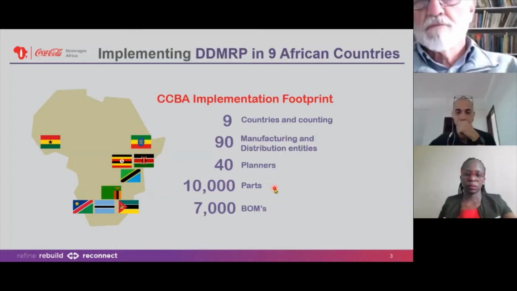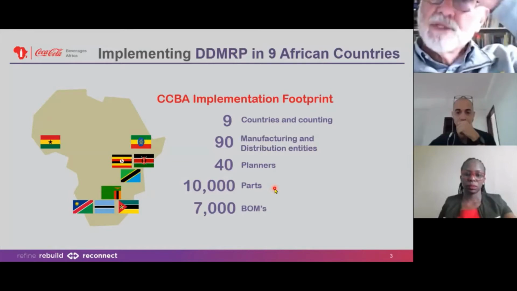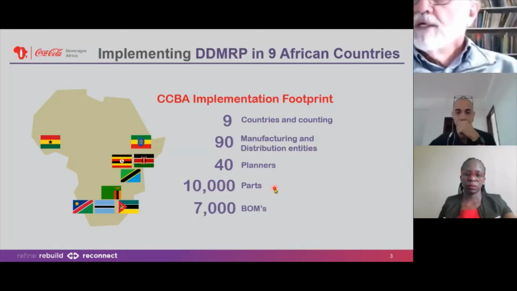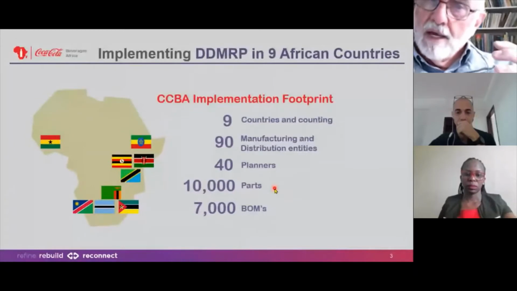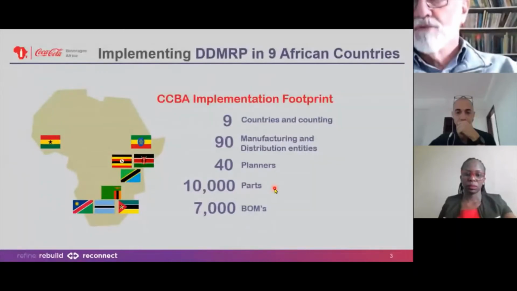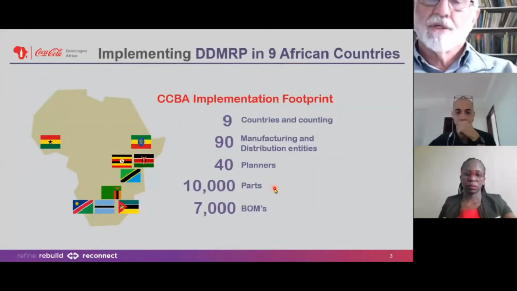Now, the whole system sits in one instance within a cloud-based software. And it means that anybody in the system can really look at what's happening across the continent. Somebody at a high level could be looking at all the countries that have implemented.